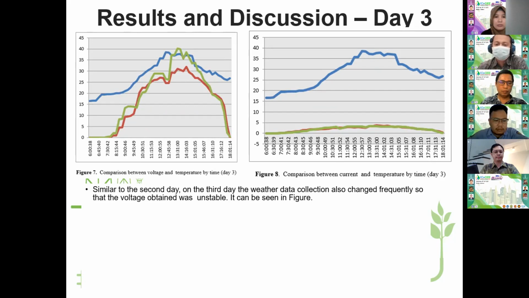On the third day, the weather during data collection also changed frequently, so that the voltage of the solar panel was unstable, while the current was stable, and the polycrystalline solar panel was higher.